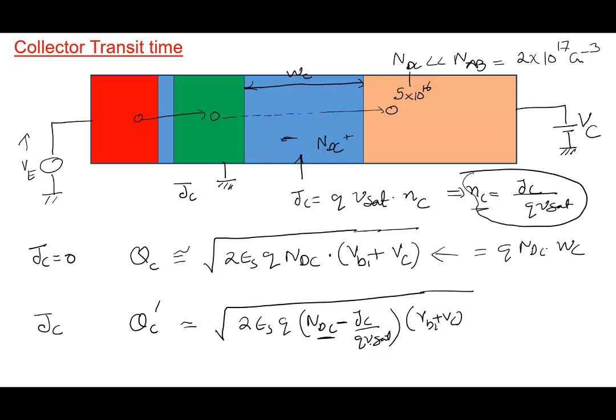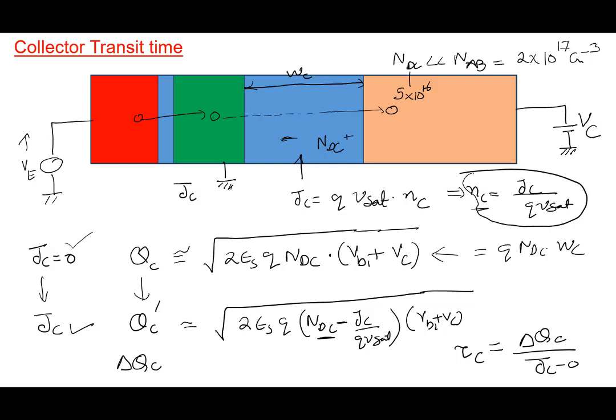So as a result of this change in JC, there is a change in charge here, delta Q. We want to calculate the change in charge. The delay associated with this, we will call tau C, is delta QC divided by JC minus 0. Initially JC was 0, so it is JC minus 0.